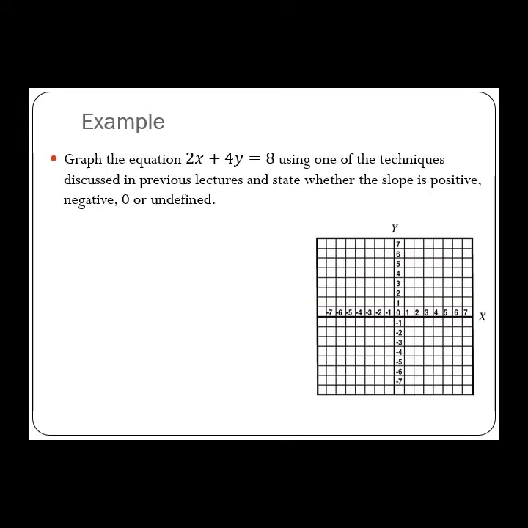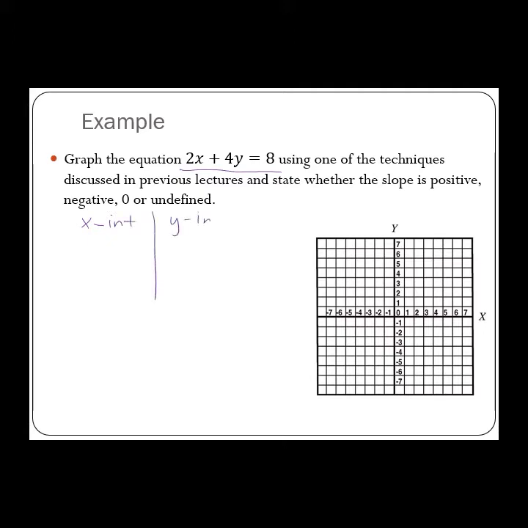So here's a typical kind of question. Graph this equation using one of the techniques from before and then talk about the slope. Is it positive? Is it negative? Or whatnot? So when it's in standard form like this is, I like to use my x and y intercepts.